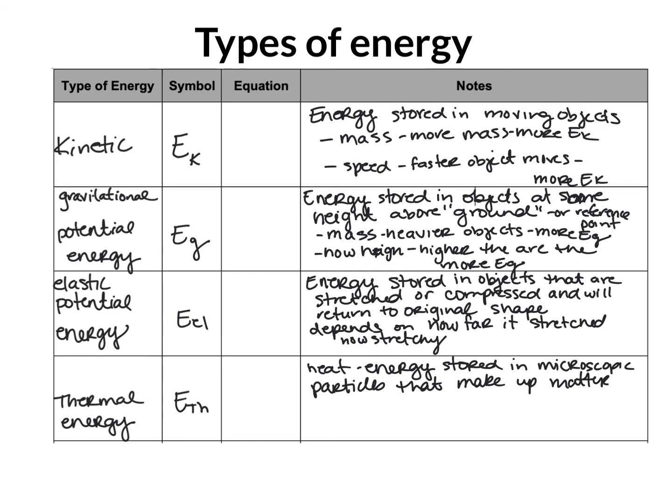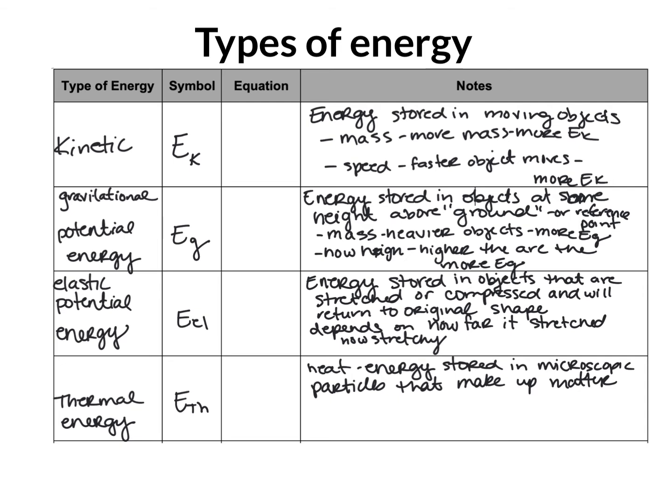So all matter is made up of atoms and molecules. And when objects get warmer, those atoms or molecules start to vibrate and move faster. That random motion of the particles in the matter is where that thermal energy is stored. We will get thermal energy when we have friction, for the most part.